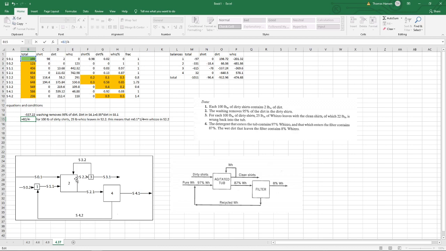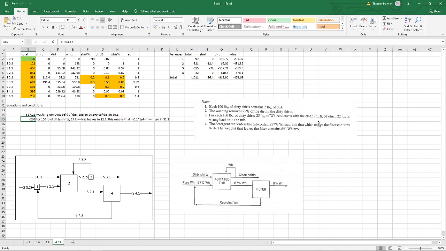If I subtract the amount of Wizzo in 2,2, so I go to my stream 2,2, I find my amount of Wizzo. There we go. This should give me 0 if that condition is satisfied. So if 25 pounds of Wizzo enters per 100 pounds of shirts, then this equation should give me 0.